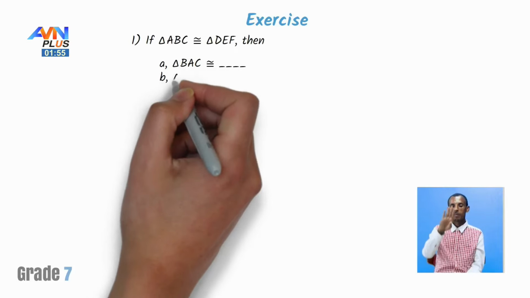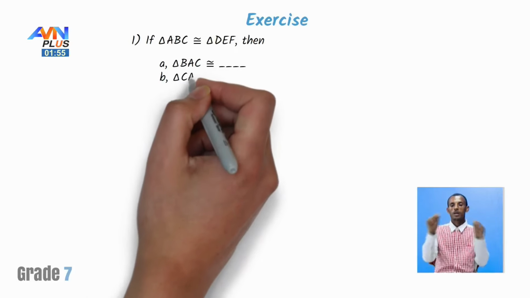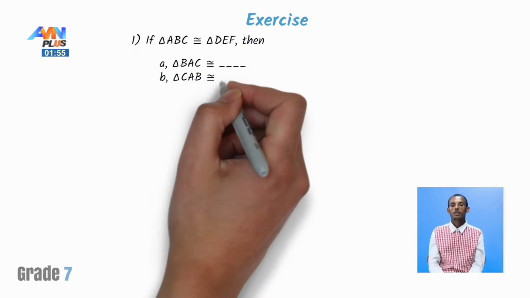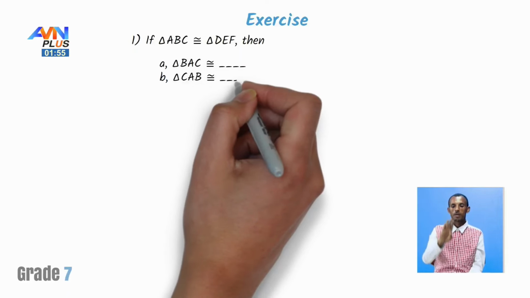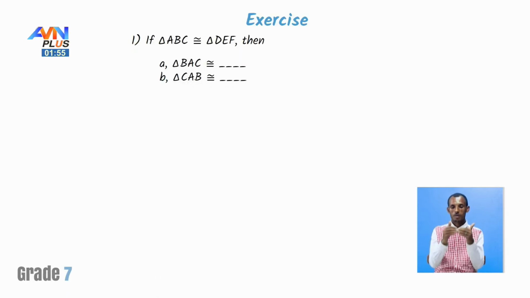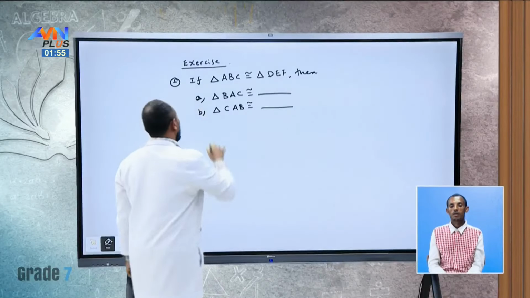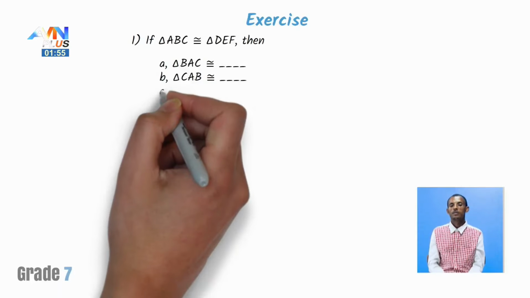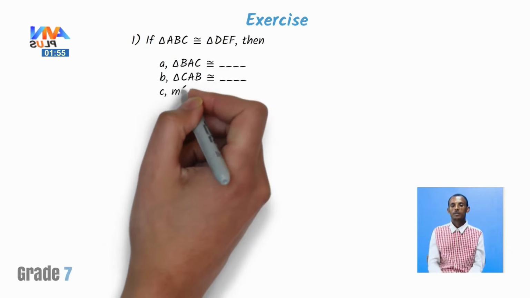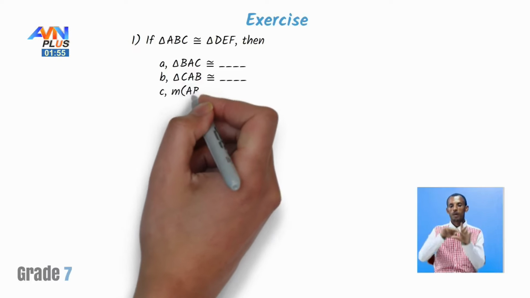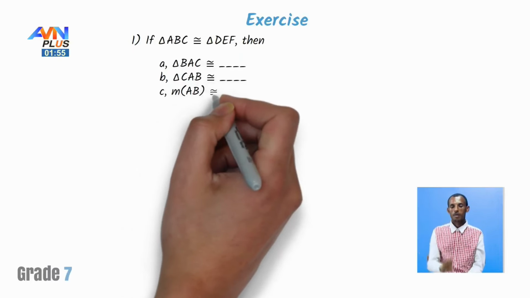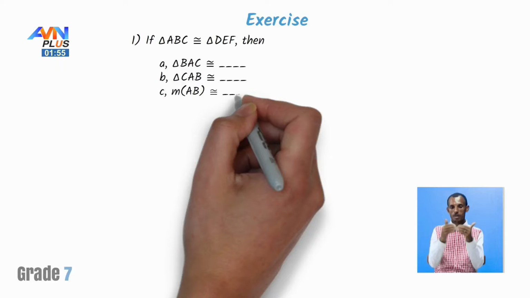B, triangle CAB is congruent to blank. Again, C, the measure of length AB is congruent to blank.